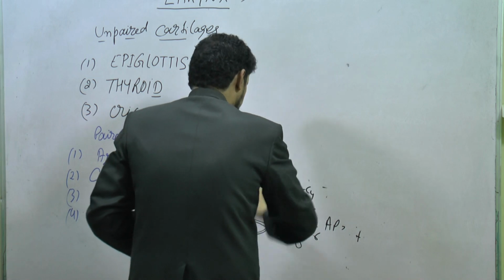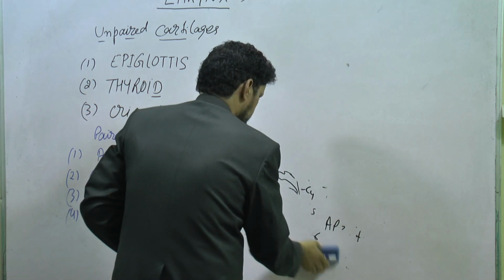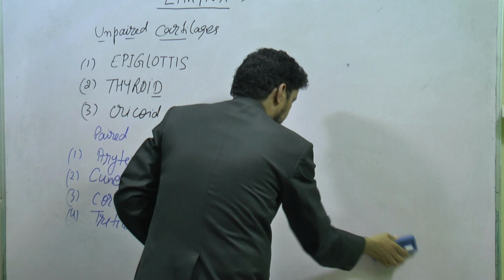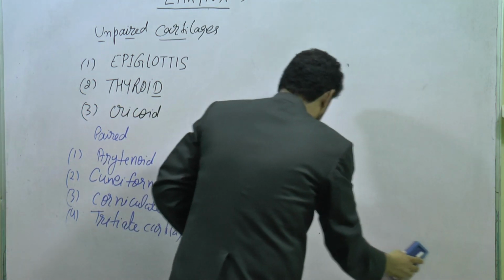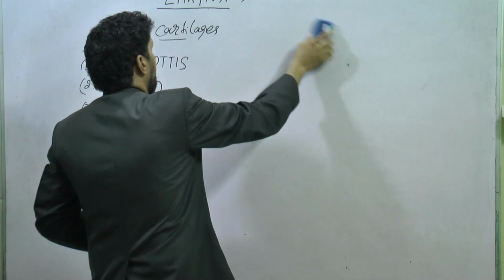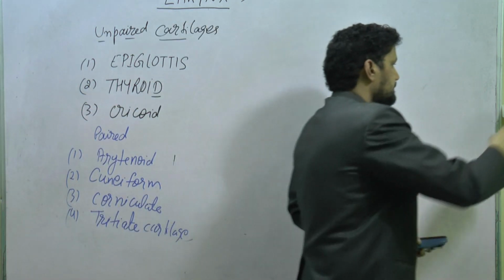The epiglottis is leaf-like and it is unpaired, made up of the elastic fibrocartilage.